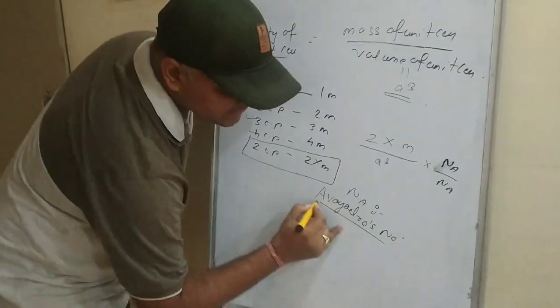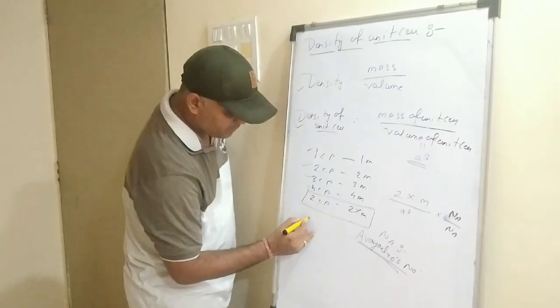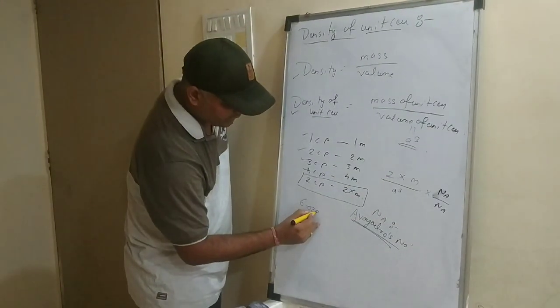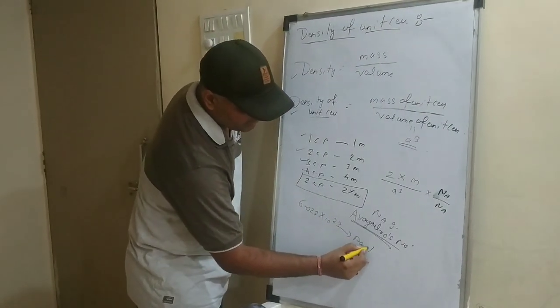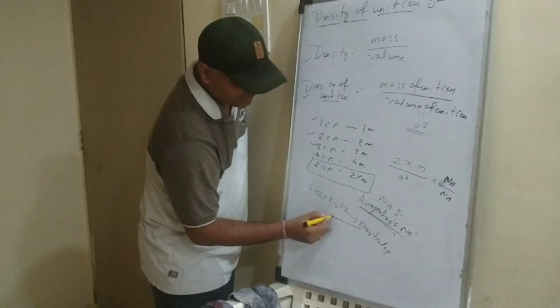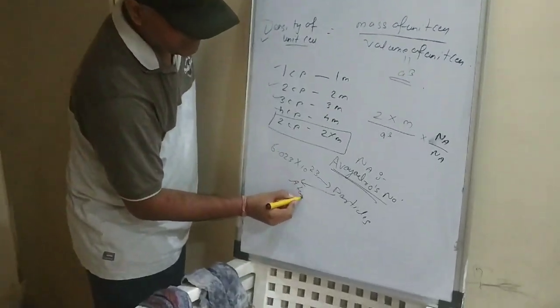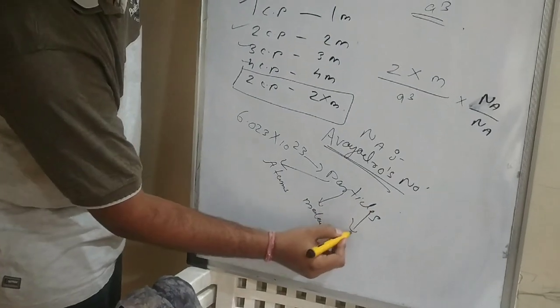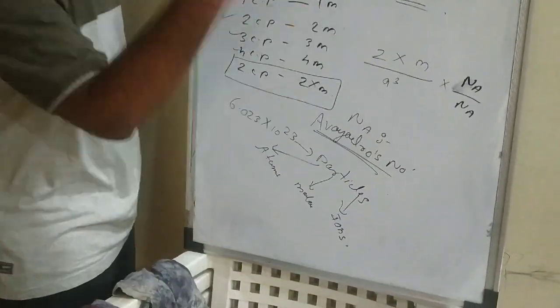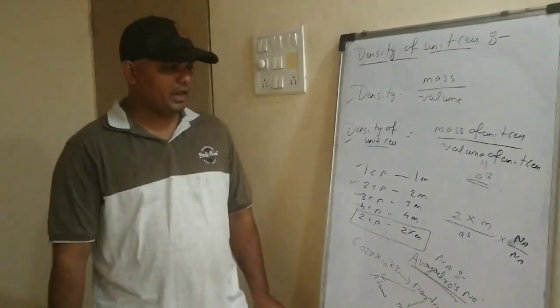You all know what Avogadro's number is. Avogadro's number is 6.023 into 10 raised to 23 particles. Now these particles can be atoms, molecules, or ions.